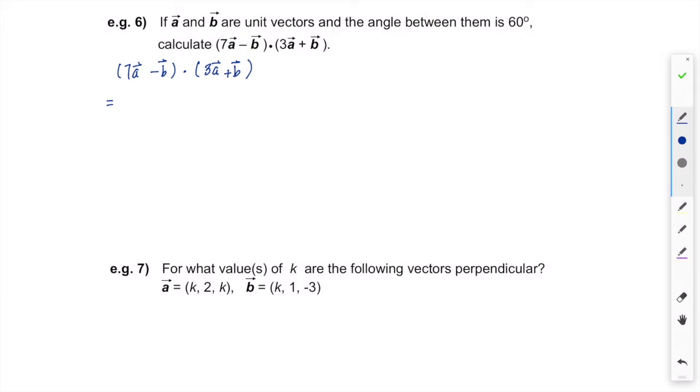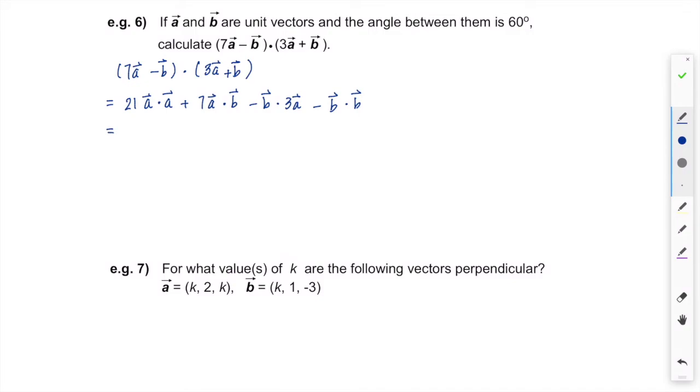So 7a dot 3a is 21a dot a. If you don't show the dot product, you do not get the correct mark because it means nothing without a dot. Okay. Next, I have plus 7a dot b minus b dot 3a and then minus b dot b.